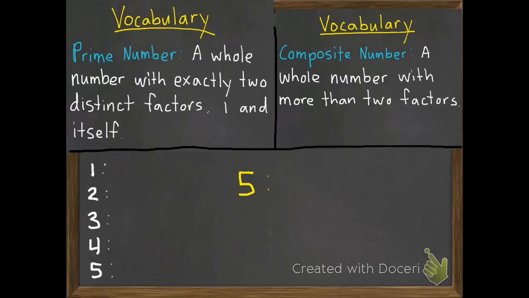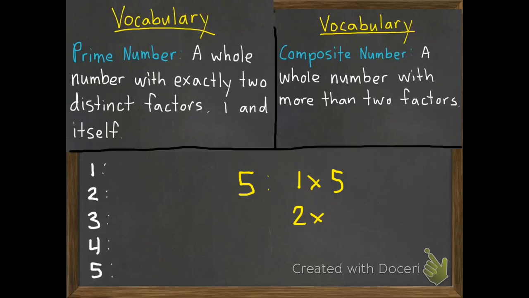So 5. As you remember from yesterday's lesson when we found our factor pairs, we need to figure out how many factors there are. If it has exactly two distinct factors, it's prime, and if there are more than two factors, then it's composite. We always know we have 1 times our number, so 1 times 5 equals 5.